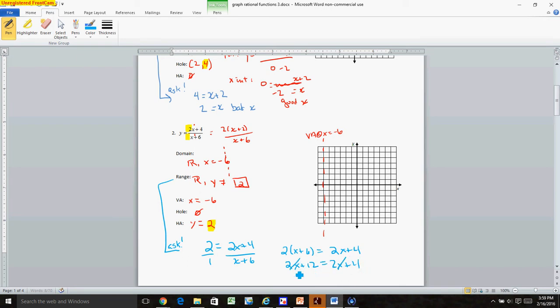The 2x's canceled out and I was left with 12 is equal to 4, which of course is nonsense. 12 does not equal 4. So that means what I was asking, does 2 ever equal this rational function? The answer is no. So therefore my suspect has been convicted and my range does kick out 2. Oh, I forgot to graph my HA.